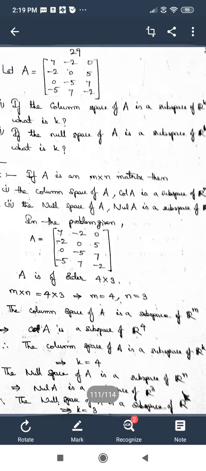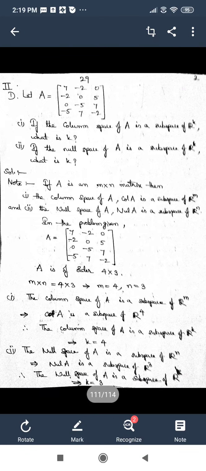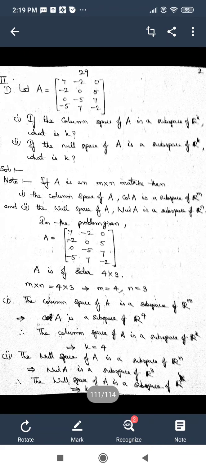To get the solution of this problem, we should have some point to be noted, and that point of note is, if A is an m by n matrix, then the column space of A, that is Col A, is a subspace of Rm.